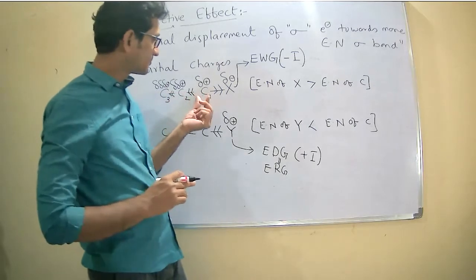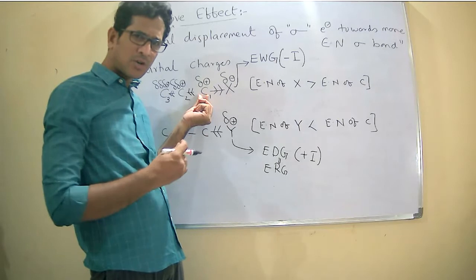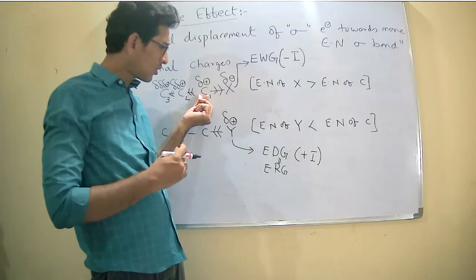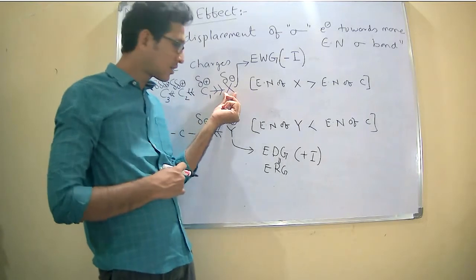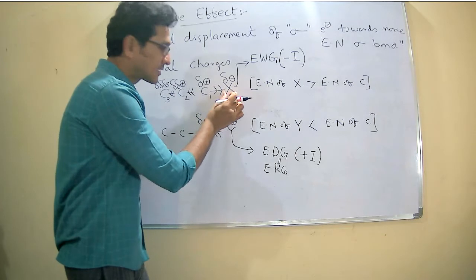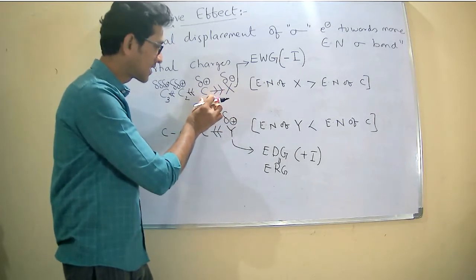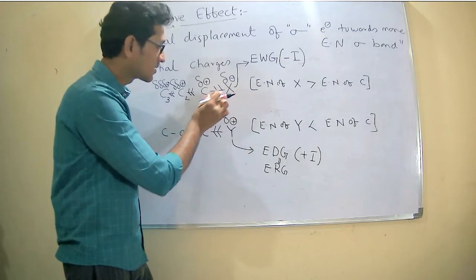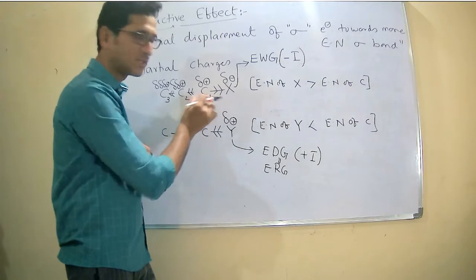But see here, carbon 1 is not able to withdraw electrons from C2 as much as X withdraws electrons from carbon 1. X withdraws more electrons from the carbon, but carbon 1 cannot withdraw that much from C2.